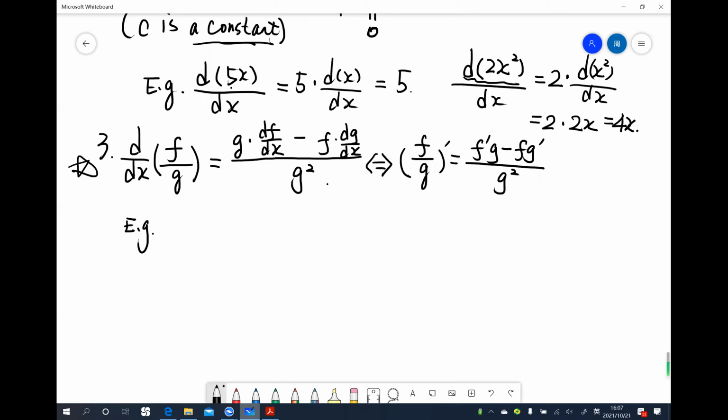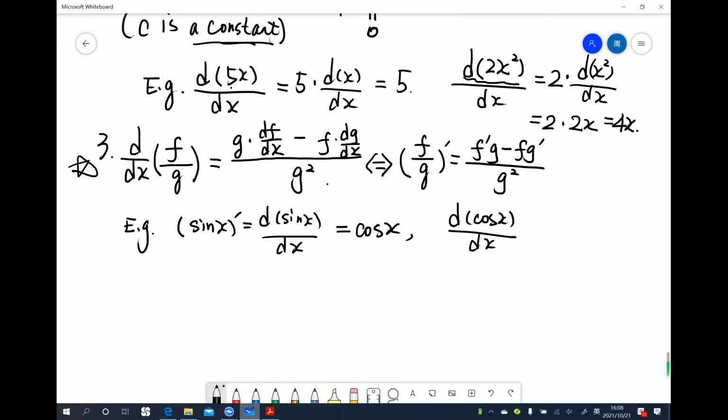We have learned the formula that sine x prime, or you will write d sine x by dx, equals cosine x, and d cosine x by dx equals minus sine x, right? We have read the formula above these two.